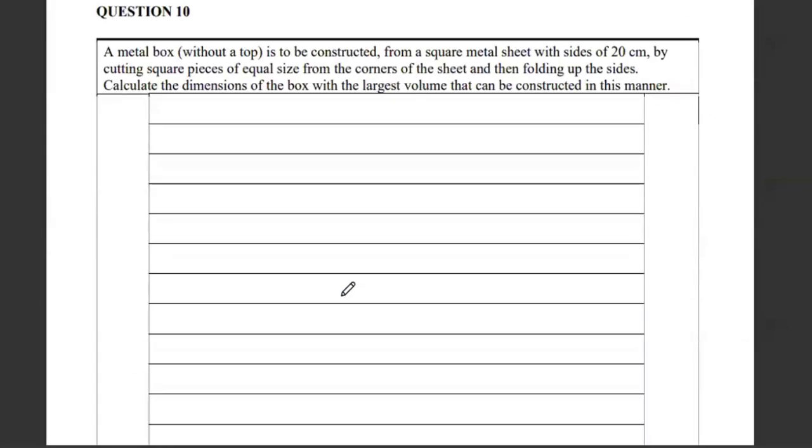Okay. Then question 10. A metal box without a top is to be constructed, and we saw this question during our preparation from that paper that we saw. So a rectangular metal box, okay, no, it's not rectangular, it's a square. So this is 20, that is 20.